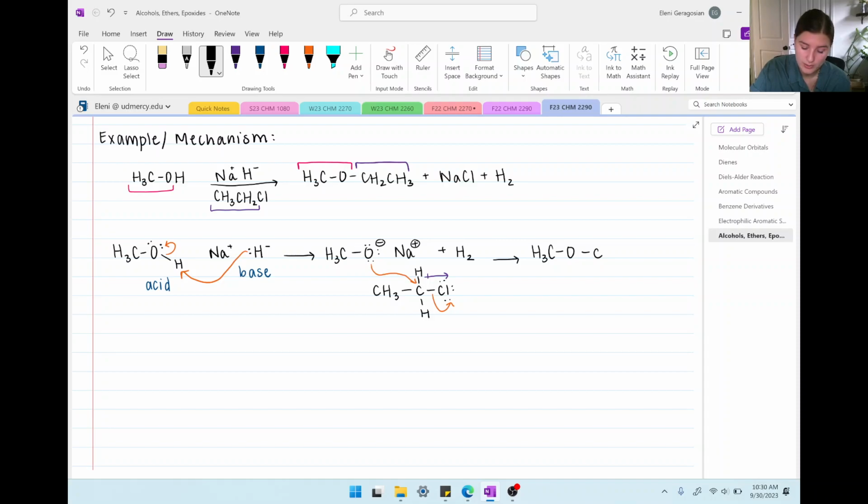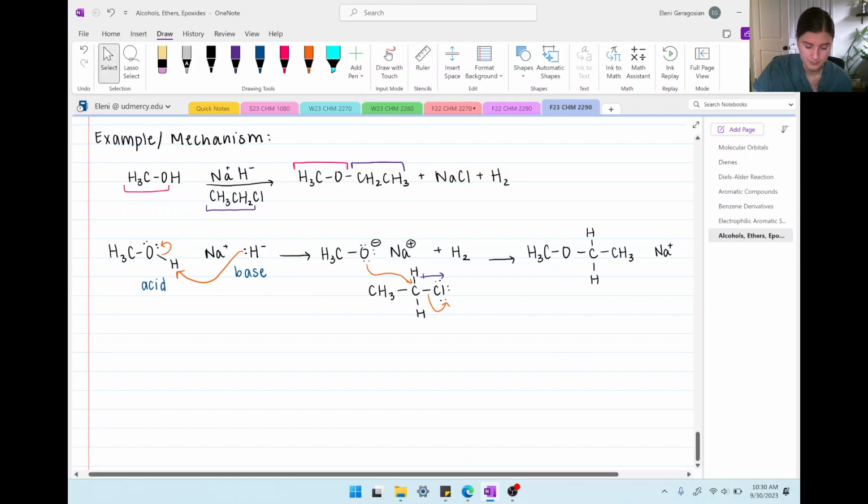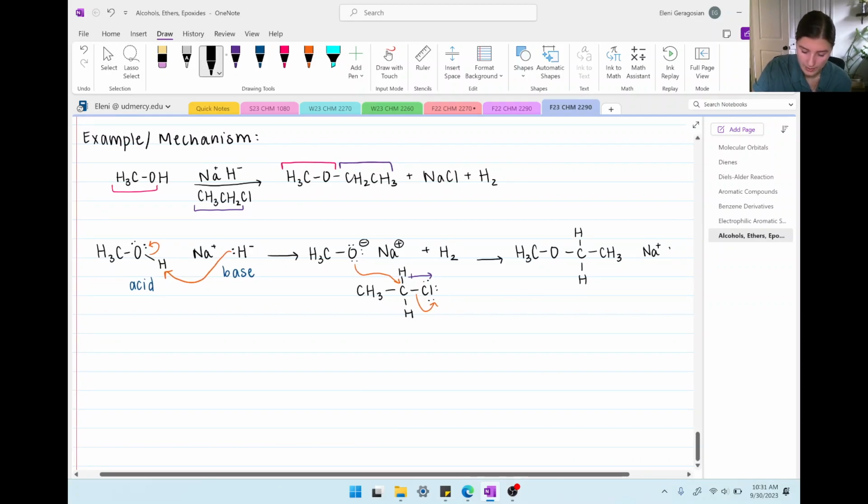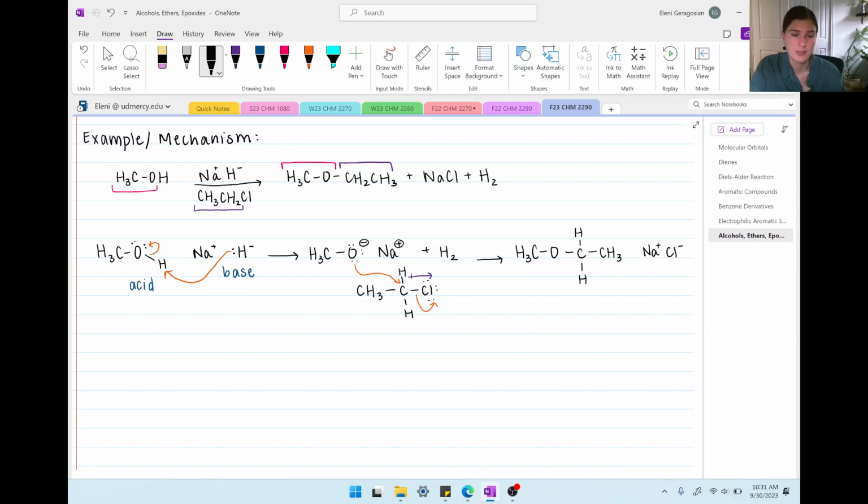The carbon to chlorine bond breaks, so everything else stays the same. That carbon still has 2 hydrogens and the CH3 group. And then our byproduct now, we still have sodium, and we now have Cl- as a result of that carbon to chlorine bond breaking. So here we have our ether.